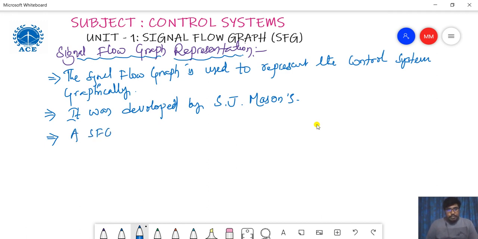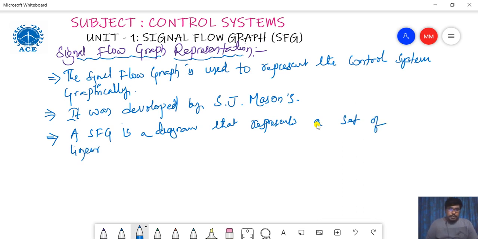SFG is a diagram that represents a set of simultaneous linear algebraic equations.